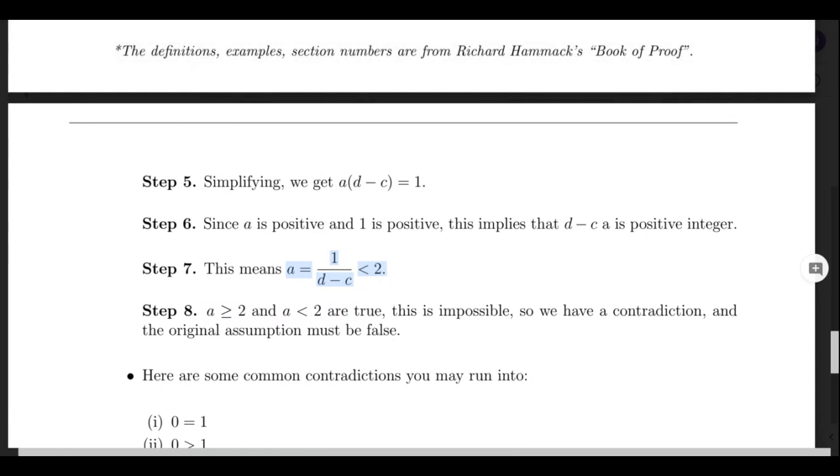Because we have this contradiction, our assumption must be false. So this is a proof by contradiction for a conditional statement. We assume something false, then we arrive at a contradiction, so the contradiction is saying the assumption has to be false.